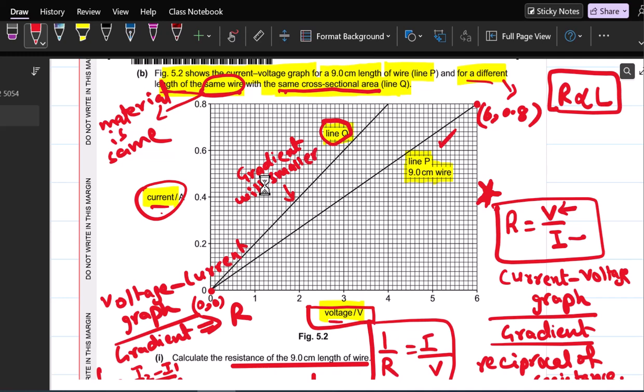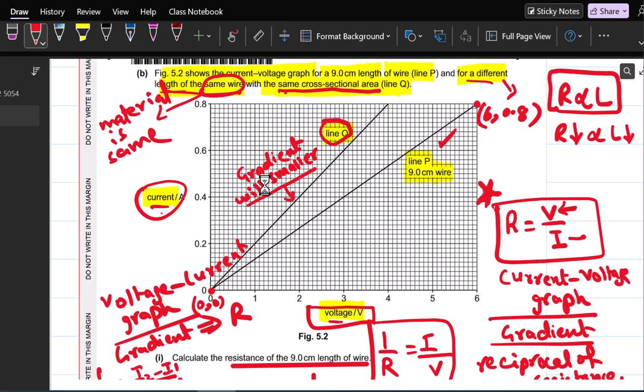Why am I saying gradient will be smaller? It is a current-voltage graph. If you take its reciprocal, it will be getting a smaller value. Gradient will be smaller. If gradient is smaller, it means resistance is smaller. If resistance is smaller, it means length will be shorter or smaller.